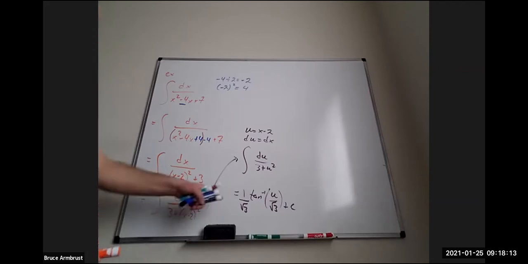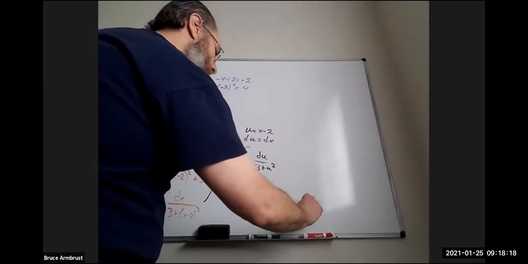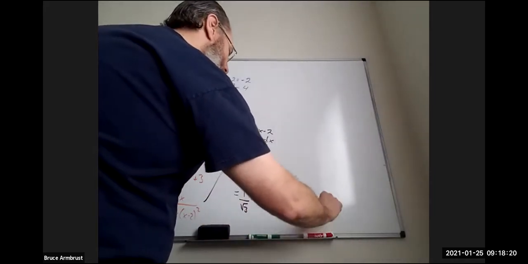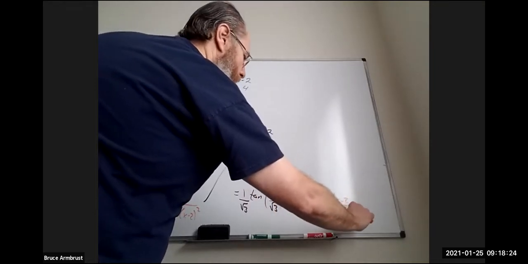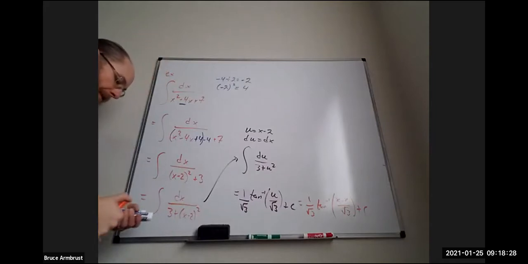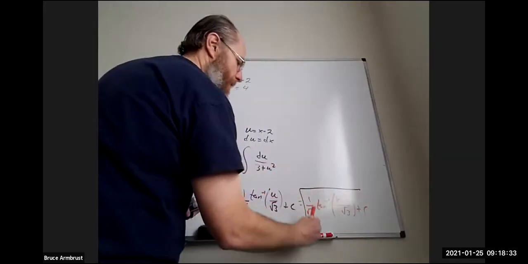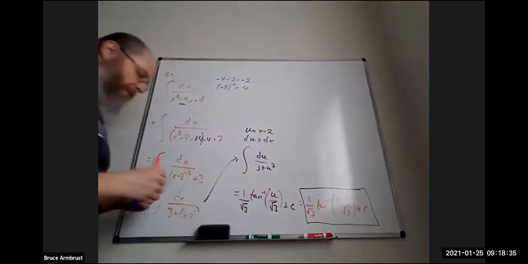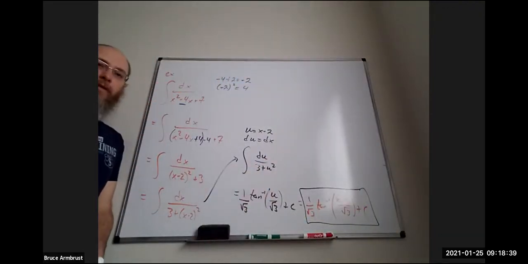But as always, we want to replace that u. So what we end up getting is 1 over root 3 inverse tangent of x minus 2 over root 3 plus c. We'll go ahead and put a box around that so we know we're done. But there's the antiderivative of dx over x squared minus 4x plus 7.